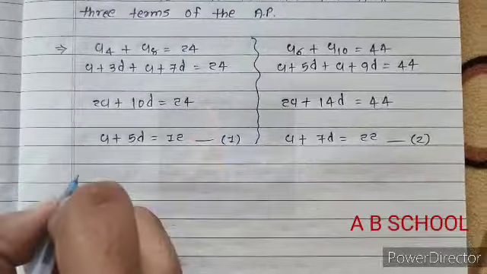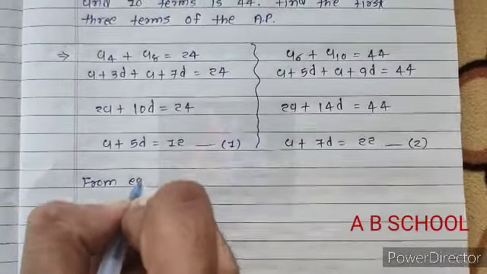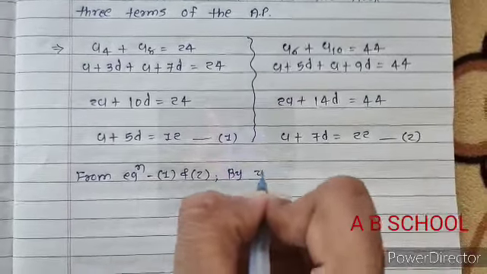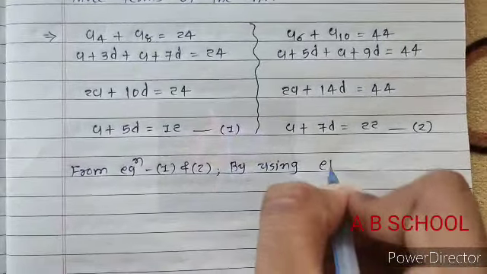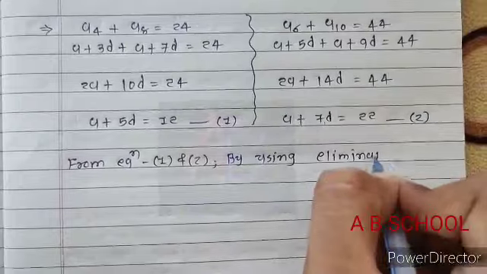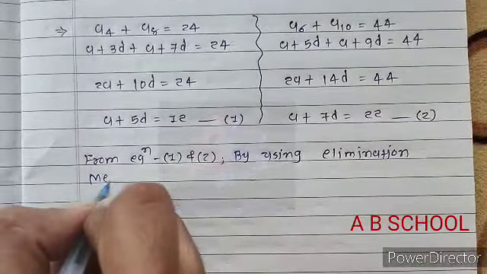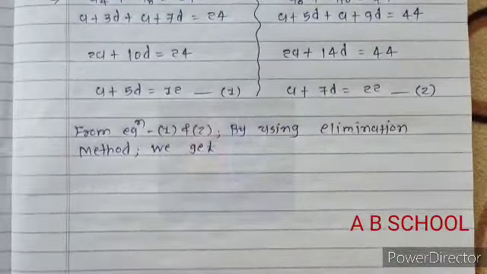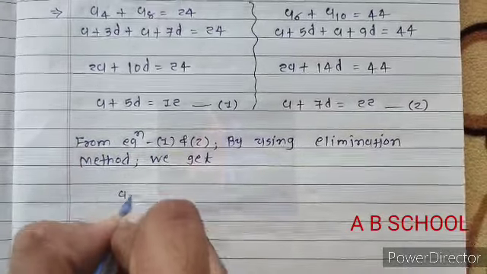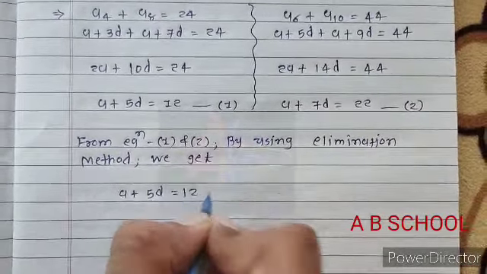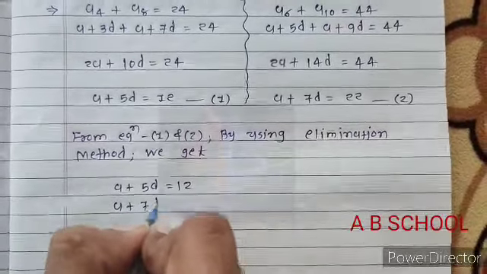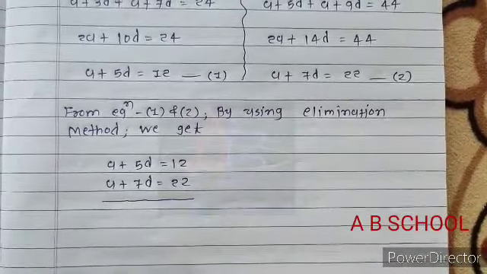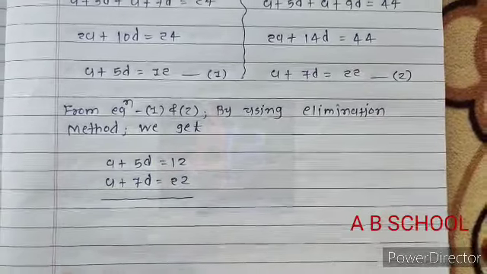Now from equation number 1 and 2, by using the elimination method, we get equation number 1, A plus 5D is equal to 12, and A plus 7D is equal to 22.